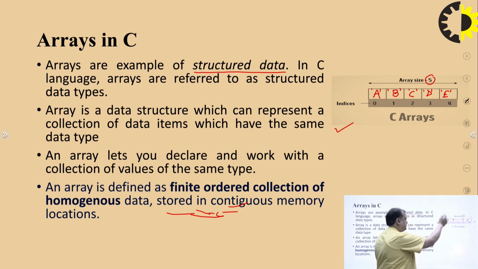It is of size 5 and arrays are an ordered collection. That's why we have indices, or sometimes we also call them subscripts. These subscripts start from 0. So at the 0th location A is there, at the first location B is there. That's how it is being stored.